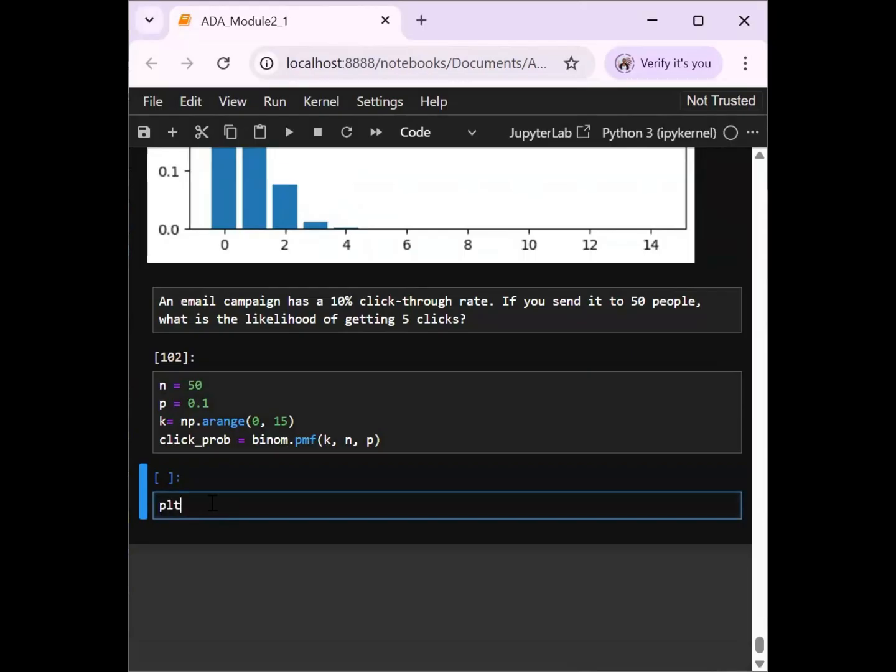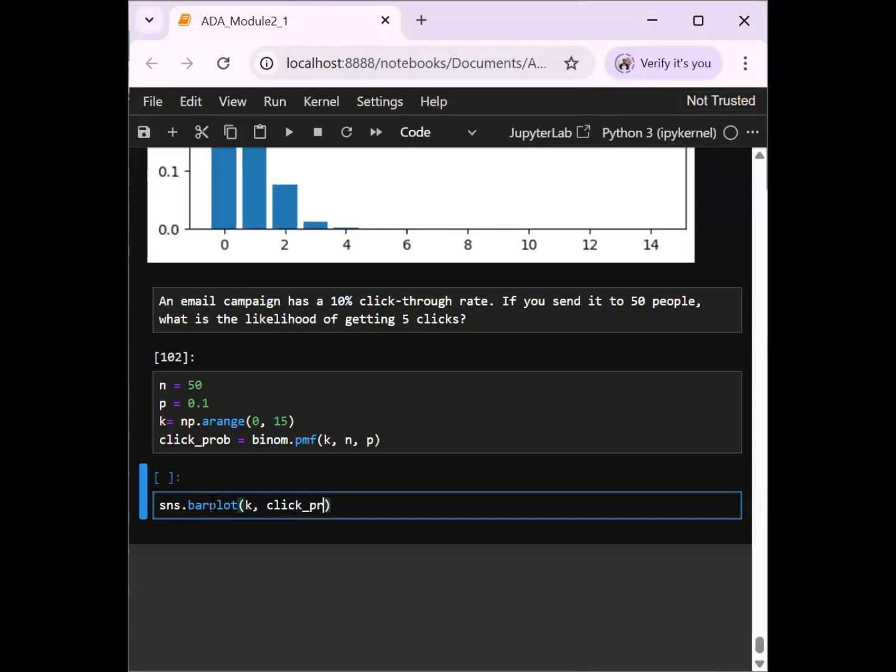Then we visualize it, right? How do we visualize it in Seaborn, sns? sns.barplot. Our X variable is K in this case, and our Y variable is the click probability.